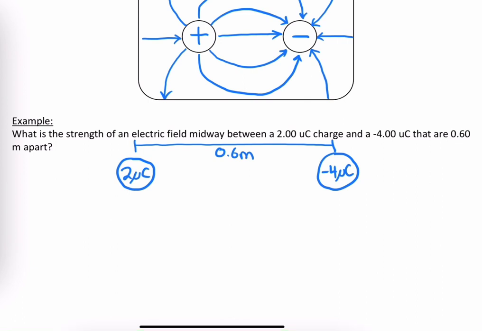Okay. Now what I might actually do is I might add some colors here. I'm going to make this 2 microcoulomb charge green. And my -4 microcoulomb charge, I'm going to make that one red.